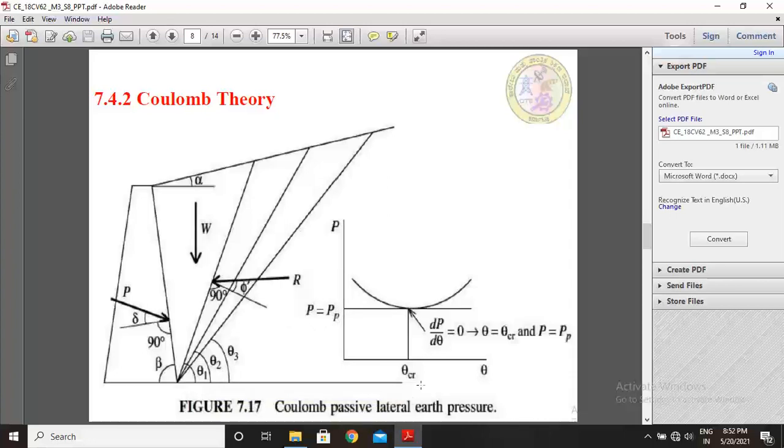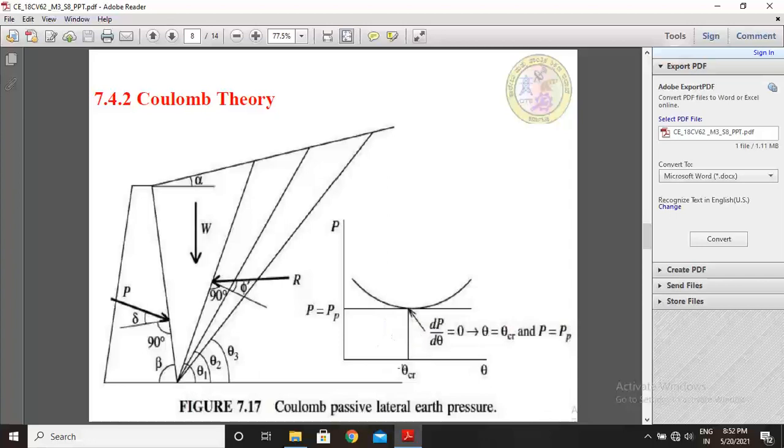And so this diagram is equivalent, similar to the active earth pressure in Coulomb theory. On the x axis we select theta, and on the y axis we select passive earth pressure P. Now this curve is reversed, that is convex, whereas earlier it was concave. A convex shape of curve we get for active earth pressure and lateral earth pressure.